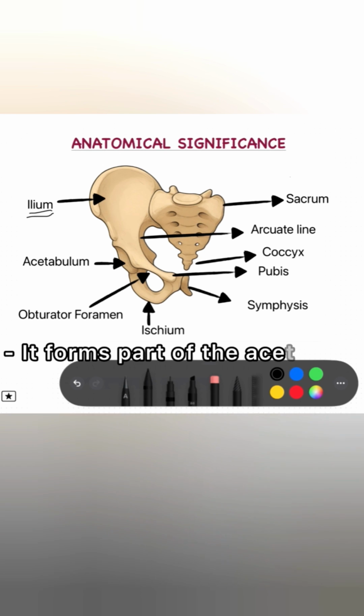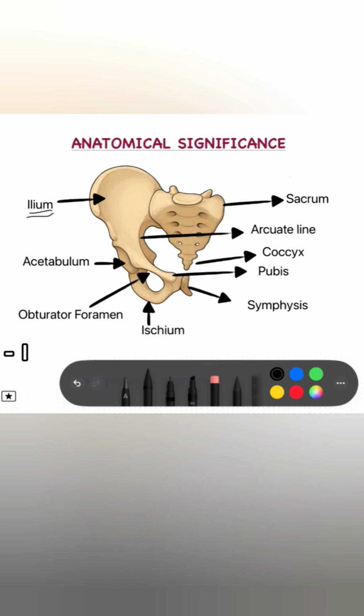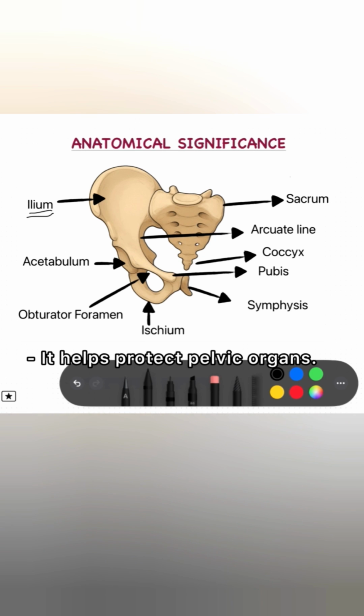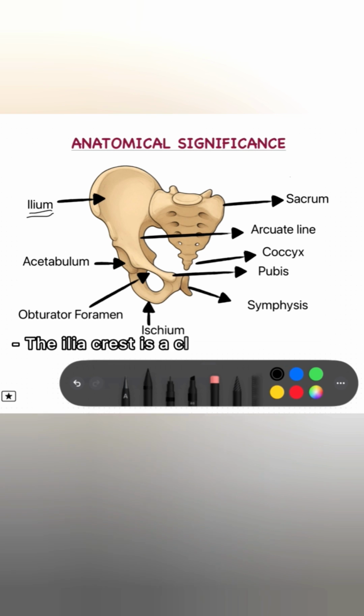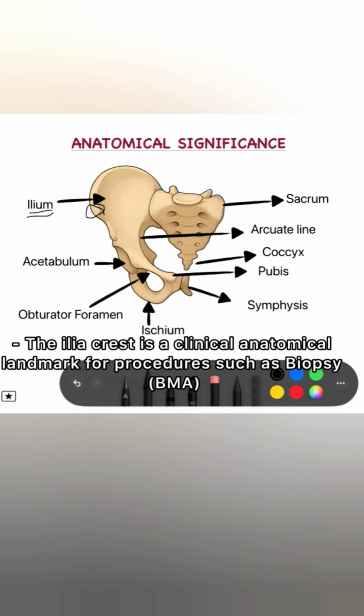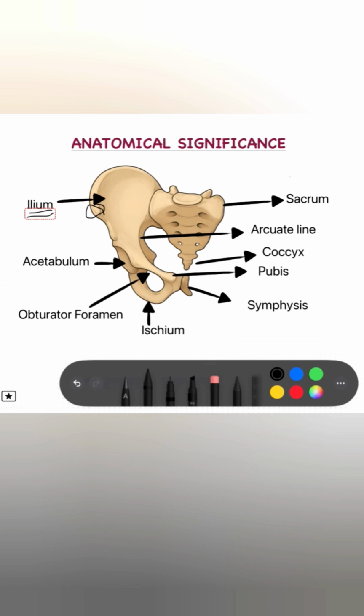Also, it forms part of the acetabulum at the hip socket, and it helps to protect pelvic organs. Also, the iliac crest, this region here, the top part, is usually a landmark for clinical procedures such as biopsy. An example is bone marrow aspiration.